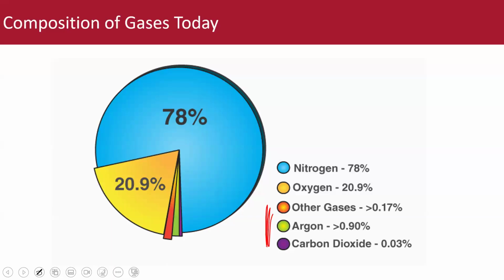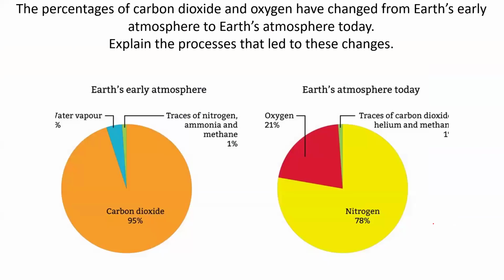Carbon dioxide is normally 0.04% or 0.03%. That is today. The question they're going to ask you is, how did it go from however many billions of years ago, when Earth appeared in the first place, to now?